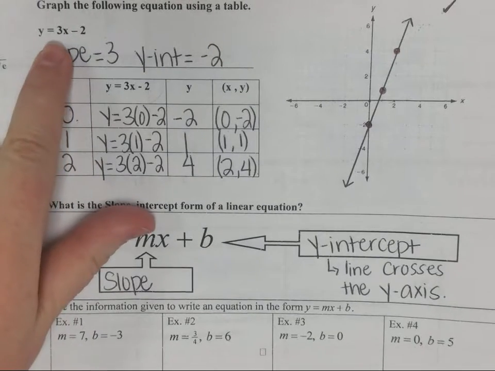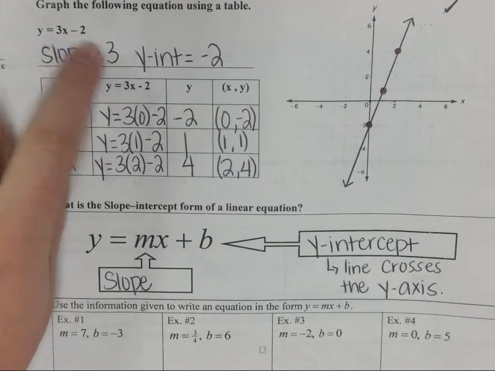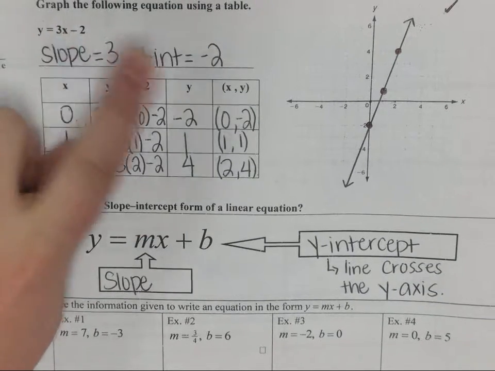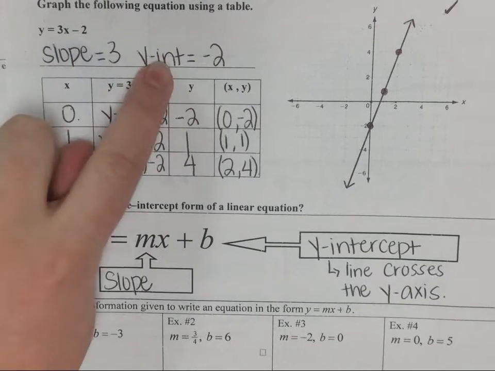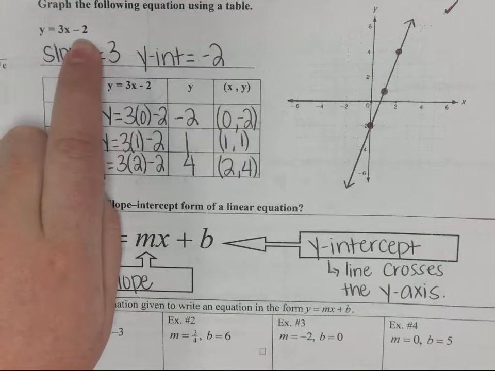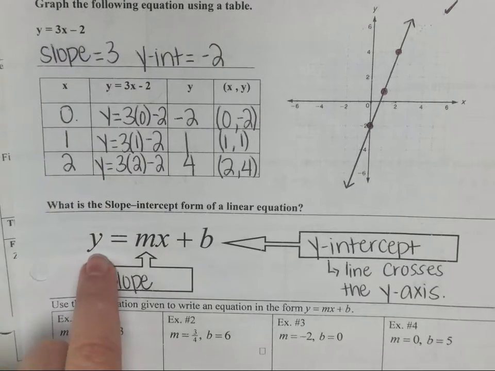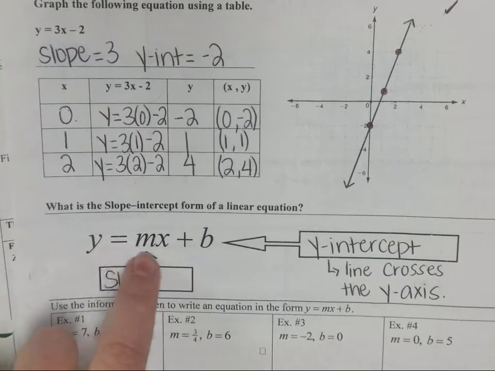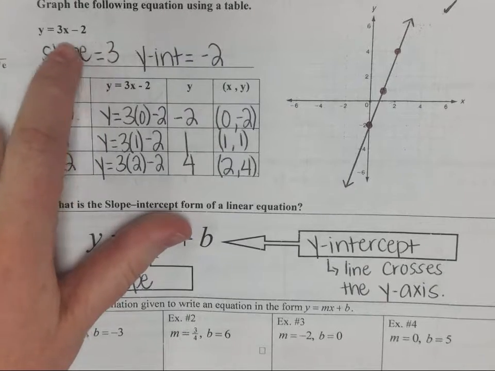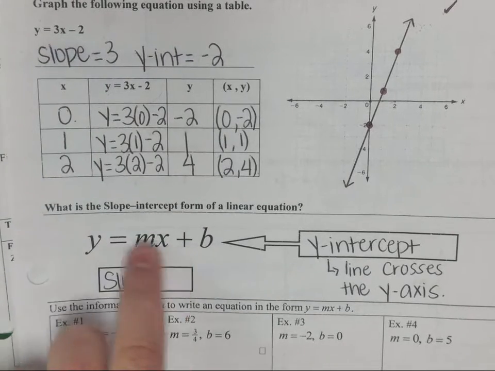So based off of this equation, I can see the slope is 3 because it's attached to the x. The y-intercept is negative 2 because it's in the back by itself. It's not attached to the x. And we have y by itself, just like it's supposed to be. Okay? So notice, which two things have numbers? Is it y and x or m and b?